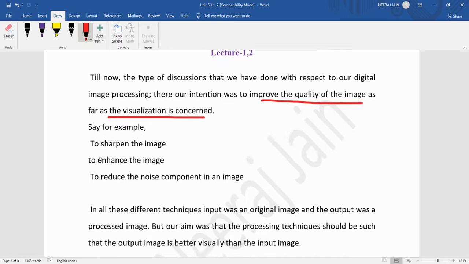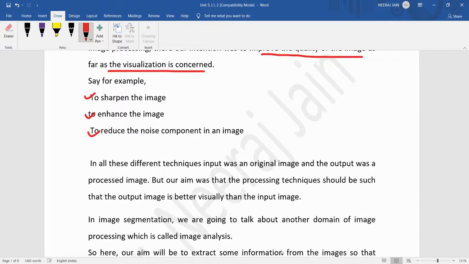For example, to sharpen the image, to enhance the image, to reduce the noise component in an image, that was our task. In all these techniques, the input was an original image and the output was a processed image. But our aim was that the output image should be visually better than the input image.